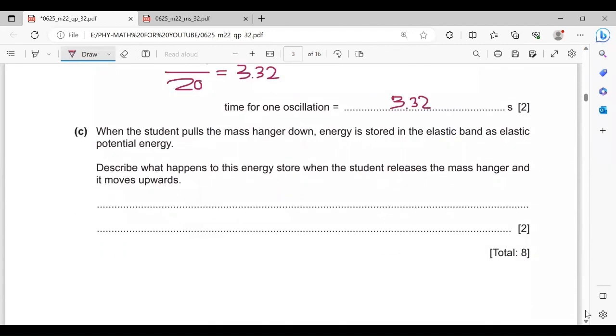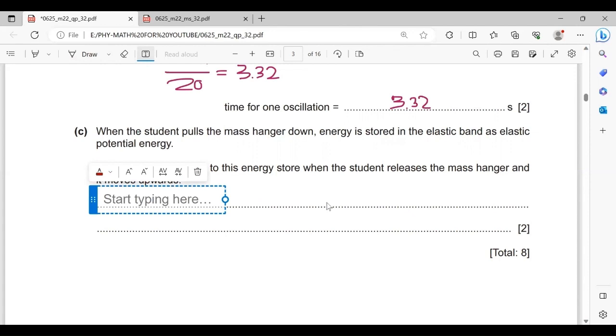Next. When the student pulls the mesh hanger down, energy is stored in the elastic band as elastic potential energy. Describe what happens to this energy store when the student releases the mesh hanger and it moves upwards. It is about energy.